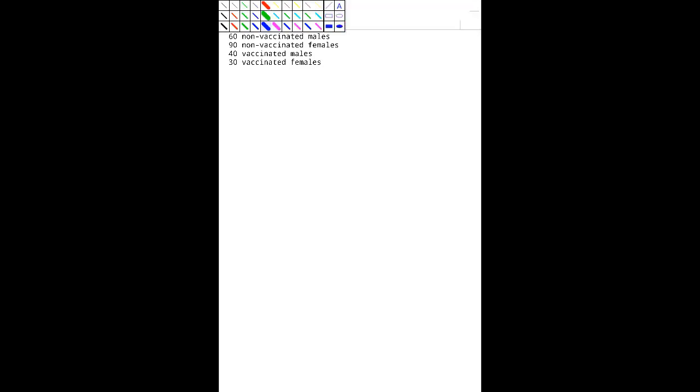In this population, we have 60 men who have not been vaccinated for something or other, we don't know what, but for all these we're talking about one vaccination. 90 women have not been vaccinated. 40 of the men in this population have been vaccinated, and 30 of the women have been vaccinated. So we have this population of 220 people. We don't know what it's a population of.